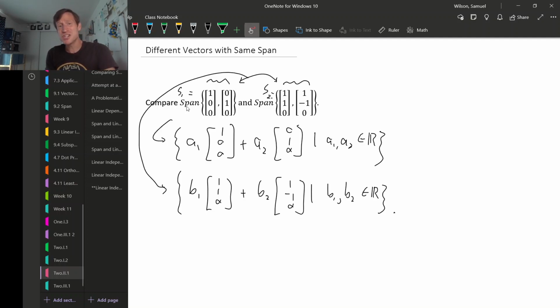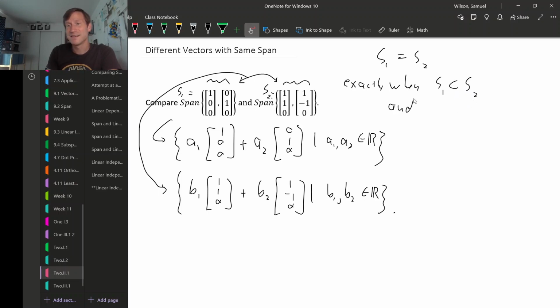A nice way to check if two sets are equal is: two sets are equal exactly when the first one is contained in the second one, and the second one is contained in the first one. So what we can do is see if the first contains the second, and then check if the second contains the first.